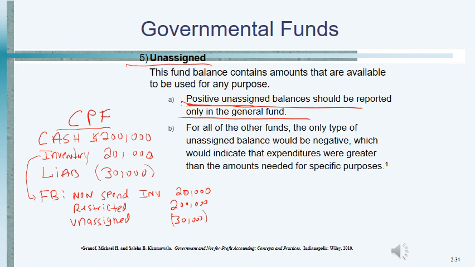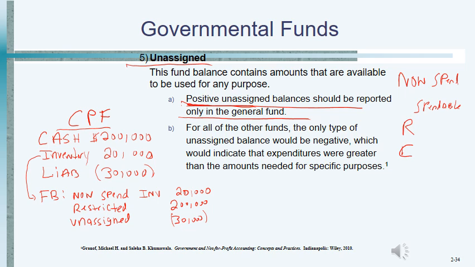Okay, now when we look at these categories, guys, notice we had non-spendable, right? And then what? Then we had spendable. And I'm going to give you a really, really dumb mnemonic. We had spendable Raquel, okay?